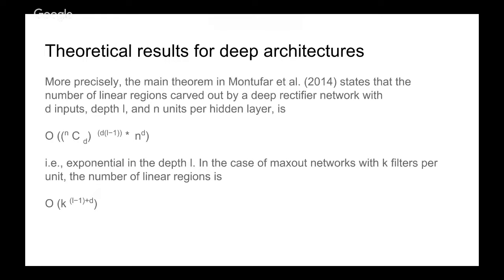So this is from a paper from Montufar, and he also gives some theoretical results. He says that if there is a network with d inputs and a depth of L, and there are n units per hidden layer, then the number of linear regions carved by those foldings is exponential in depth.